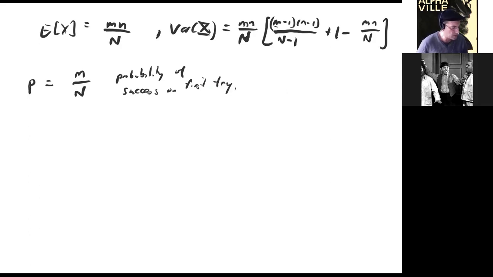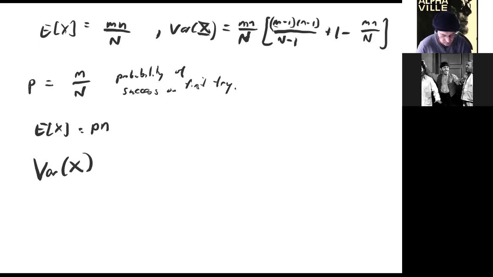Therefore, if we stick this into the expected value, we get p times n. So this is sample size times the probability of selecting a success on the first draw.